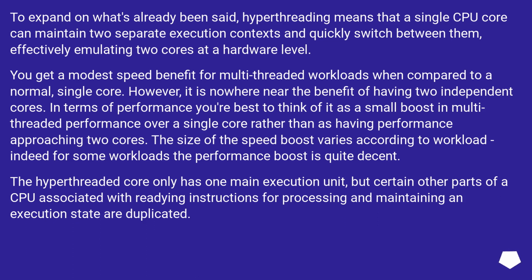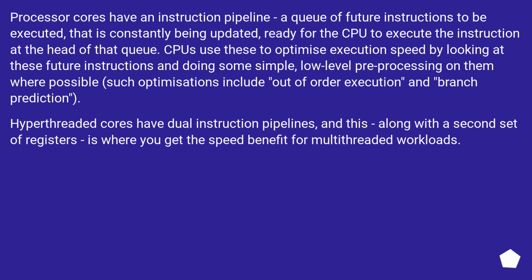The hyperthreaded core only has one main execution unit, but certain other parts of a CPU associated with readying instructions for processing and maintaining an execution state are duplicated. Processor cores have an instruction pipeline, a queue of future instructions to be executed, that is constantly being updated, ready for the CPU to execute the instruction at the head of that queue.